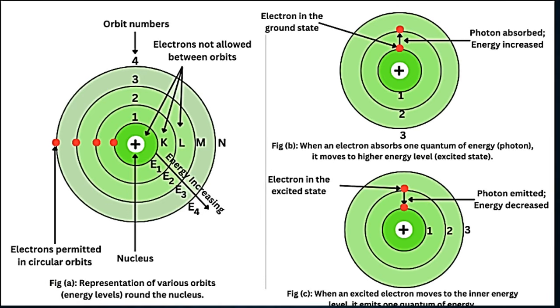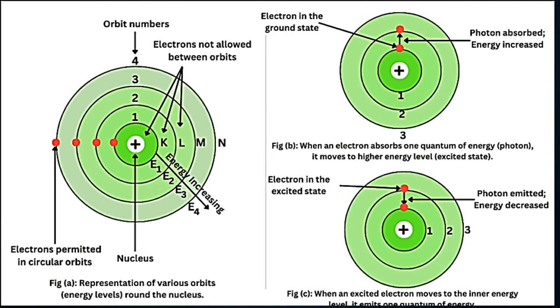This explains the problem with the Rutherford nuclear model that it couldn't solve. Rutherford's model, based on classical physics, couldn't tell us that the electron will not lose energy within its allowed state.